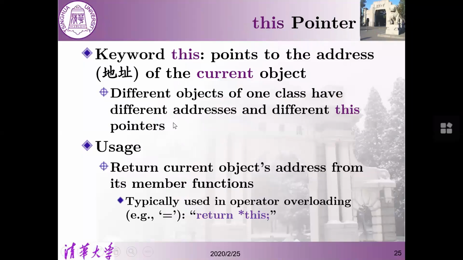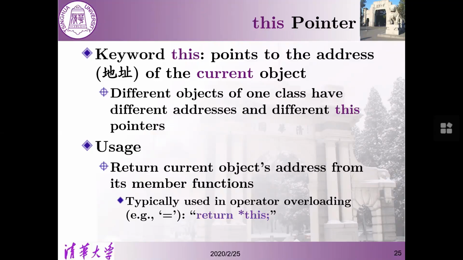Now we will learn this pointer. So this pointer points to the address of the current object. Different objects of one class have different addresses and different this pointers. Typically, this pointer is used in operator overloading.